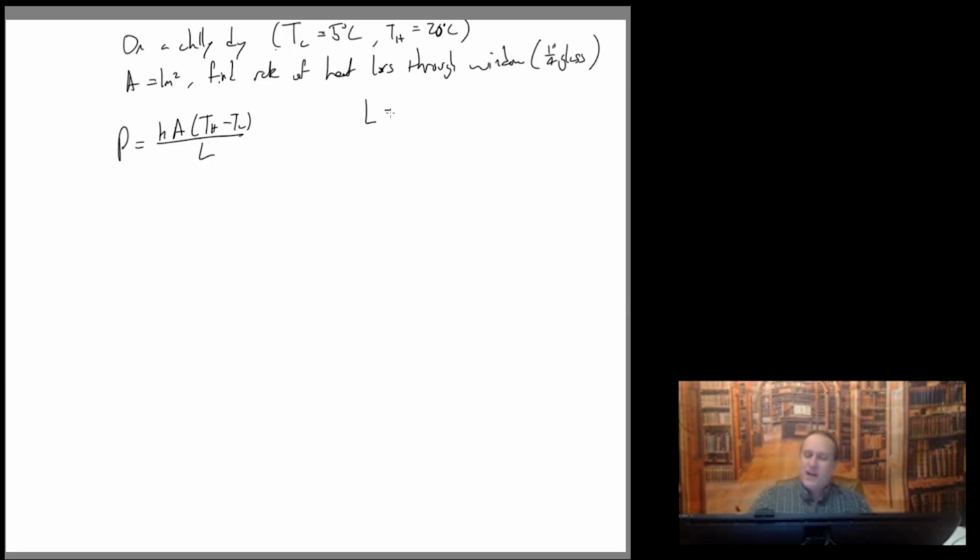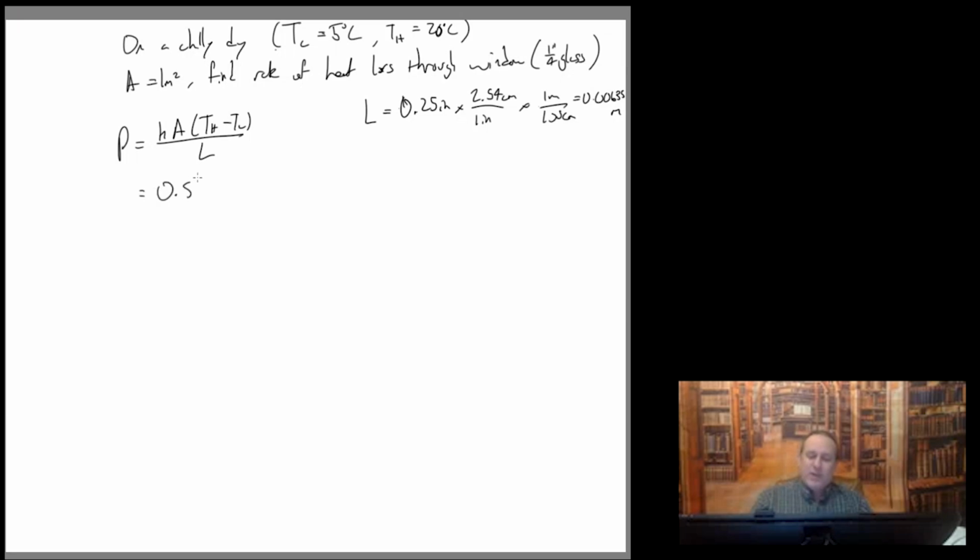So the length, let's figure that out. That's 0.25 inches, and 1 inch is 2.54 centimeters, and 100 centimeters is 1 meter. That's 0.00635 meters, the thickness of a 1/4 inch piece of glass.